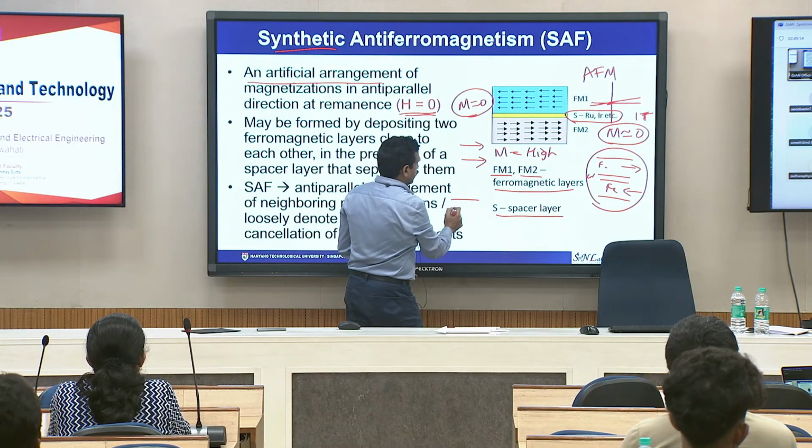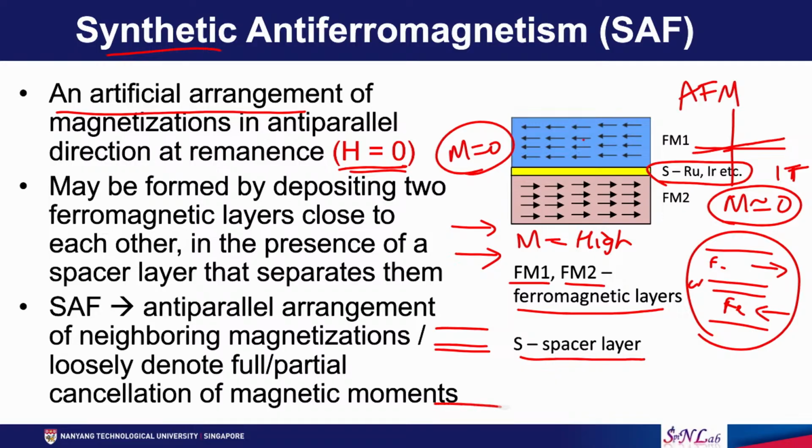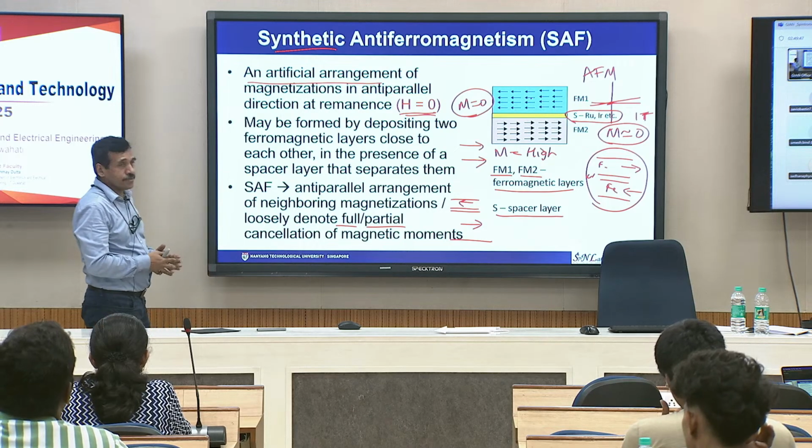But if, say, one layer is thick and another layer is thin, and if they are arranged in antiparallel direction, we may have some net magnetization. So, there is full or partial cancellation. Okay. So, when they are almost equal thickness, the magnetization of one layer will be completely cancelled, you will have 0 magnetization, that is full cancellation. If one layer is thicker than the other layer, then the magnetic moment will be partially cancelled.